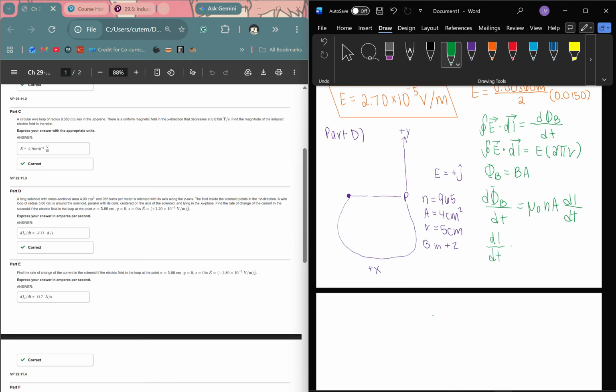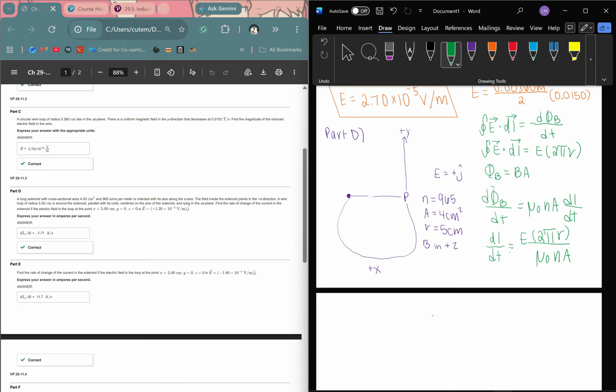So dI/dt equals E times 2πr over μ0 N A. We're substituting into Faraday's law, which would have been the electric field times the circumference equals μ0 times the number of turns, times area, times the rate of change in the current, which we are trying to find.